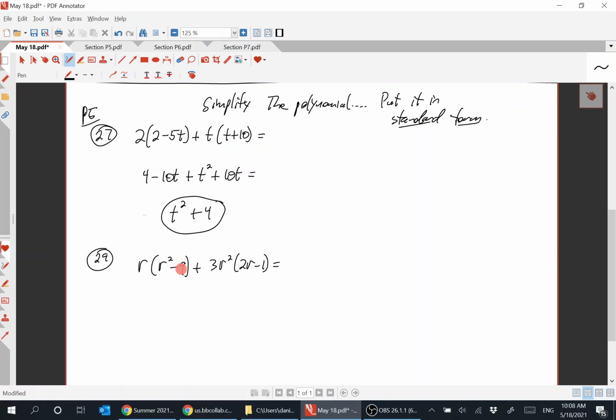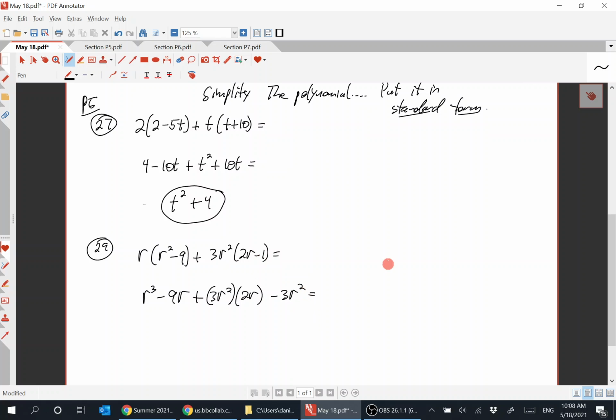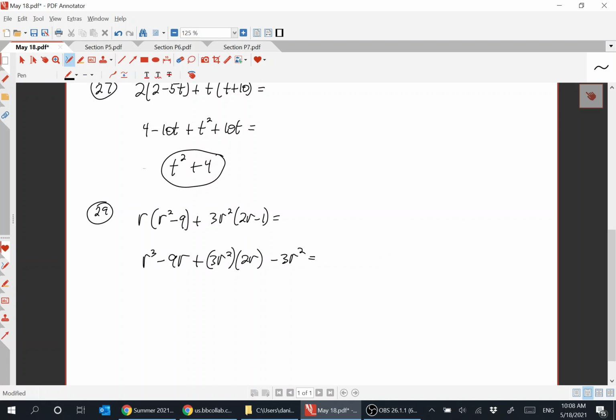In order to do that, let's multiply the r through here. So r times r squared is r to the third, minus r times 9 is 9r. 3r squared times 2r, let me just write it in a couple steps. And then 3r squared times minus 1 is just minus 3r squared. So what's this term?